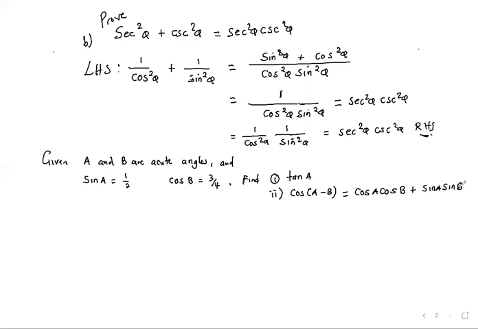Even if I don't draw triangles, you know that sine is opposite over hypotenuse. So it means that we have opposite 1, hypotenuse 2. So what is adjacent? We use the formula. Adjacent is hypotenuse squared minus opposite squared. That is 4 minus 1, which is 3. So adjacent is √3.